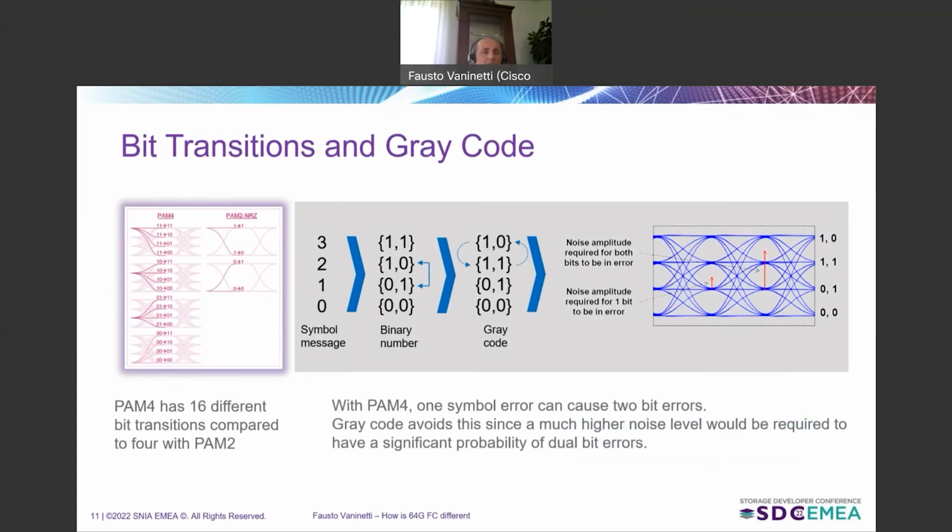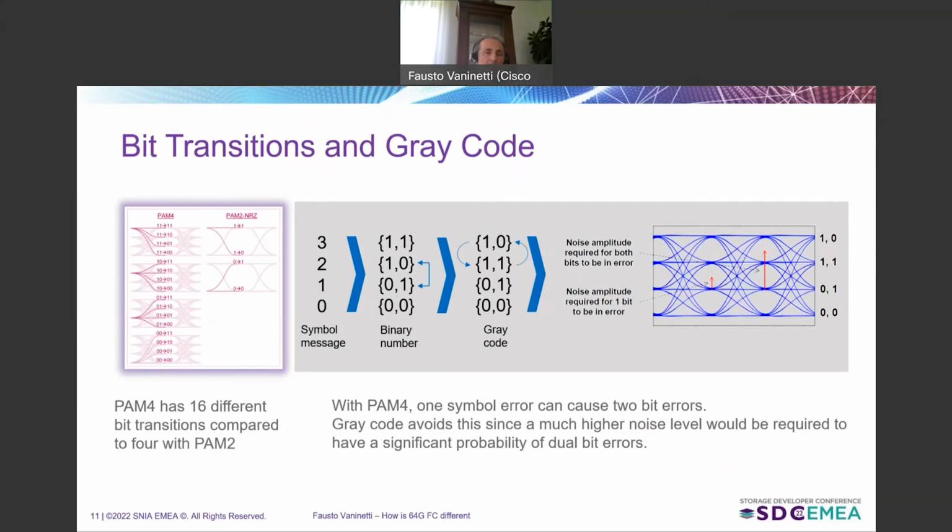When you have one symbol with 4 levels and every symbol gets represented by 2 bits, the natural representation would be 00 at the bottom, 01 for 1 level, 10 for 2 level, and 11 for the 3rd level. Please note that when you move from one level to the 2nd level, you have 2 bits that need to change.